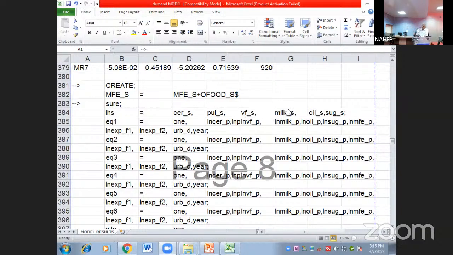Then we have equation number 2, equation number 3, equation number 4, and the last equation is the edible oil.